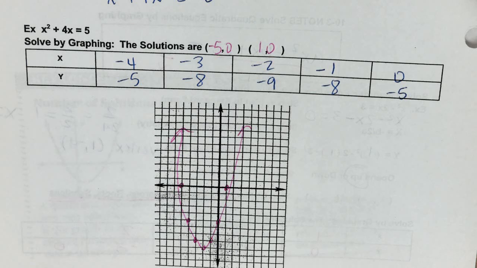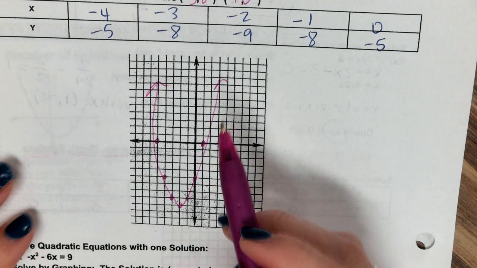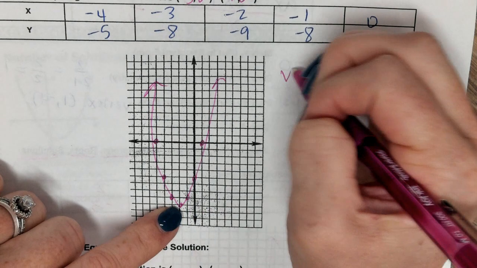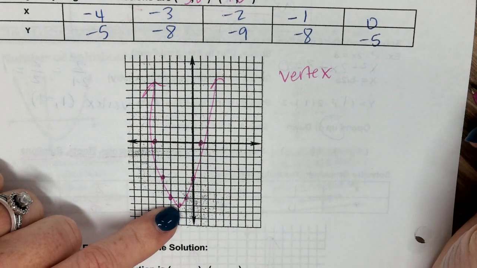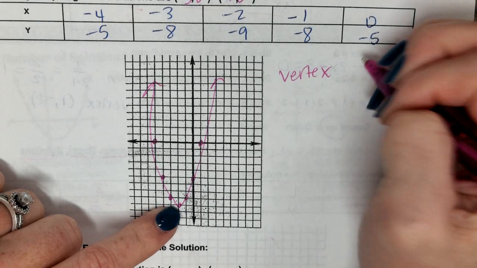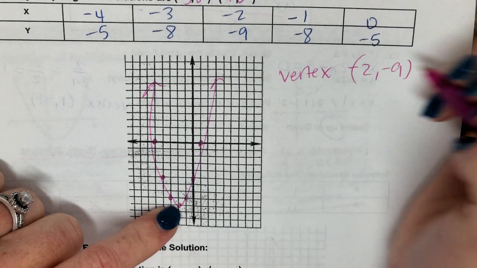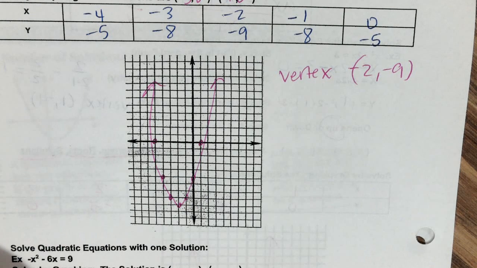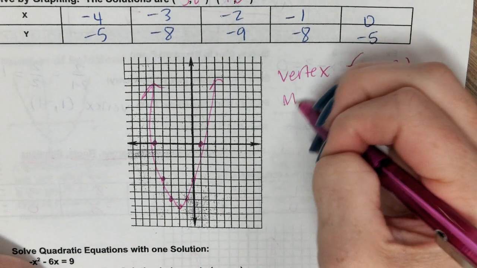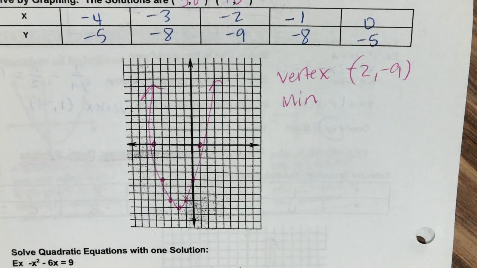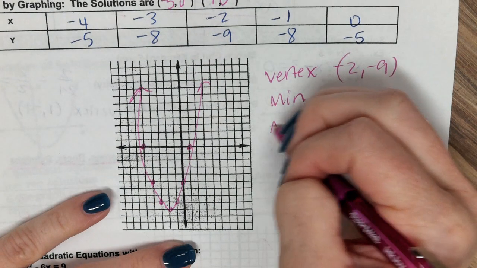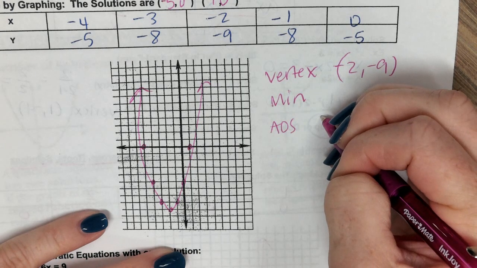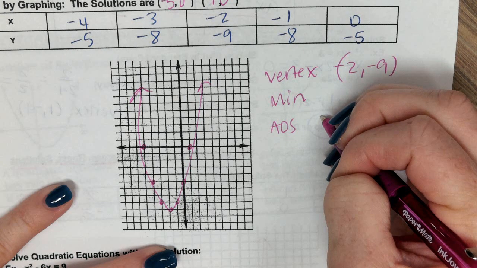All right, let's go over some vocabulary. What is the vertex of this point? -2, -9. Does it have a minimum or a maximum? A minimum, which is also the vertex. Where's the axis of symmetry? Give me it as an equation.